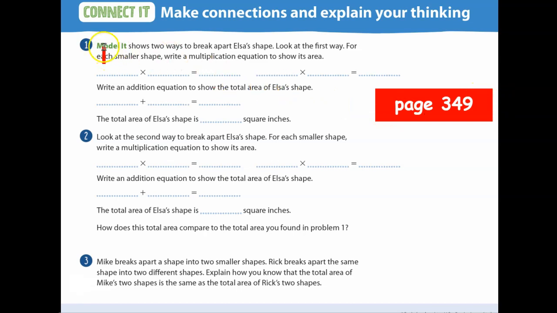Okay. It says model it. Show 2 ways to break it apart. So what were the 2 ways? Yeah. What were the 2 ways? Look on page 348, the bottom. Hold on.